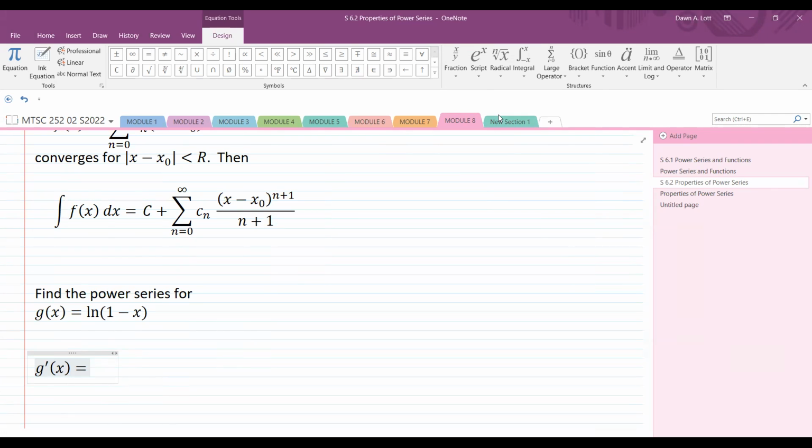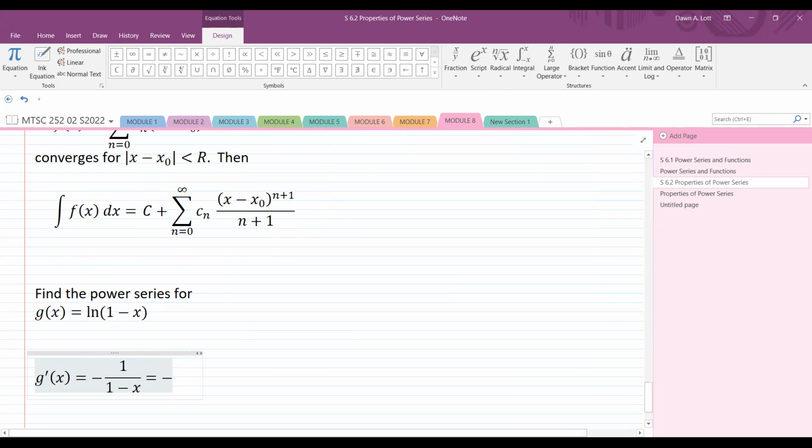How do you take the derivative of that? Is it minus 1 over what's in the parentheses? That's right. But we know the power series for this, don't we?